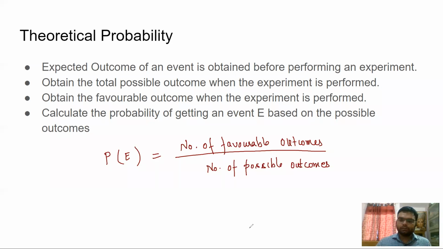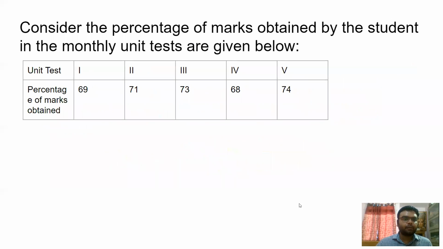Let us look at the examples. Consider the percentage of marks obtained by a student in monthly unit tests, given below. We have 5 unit tests, and in each test we obtain the results and we have marks. Our interest is to find the probability of getting marks greater than 70.